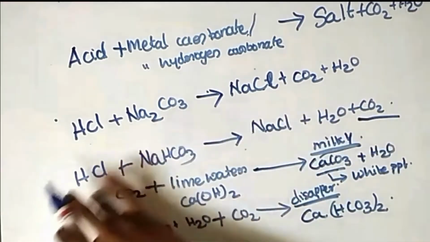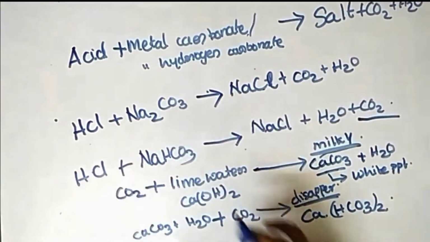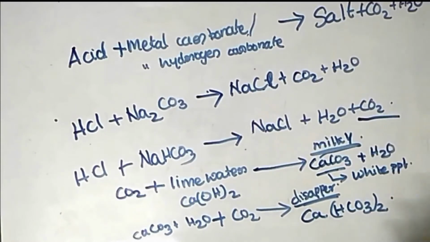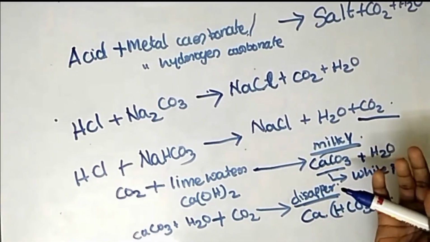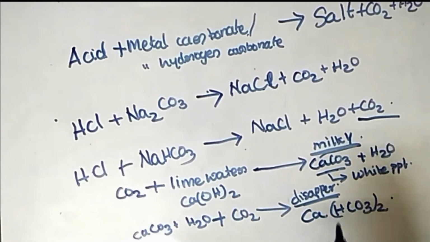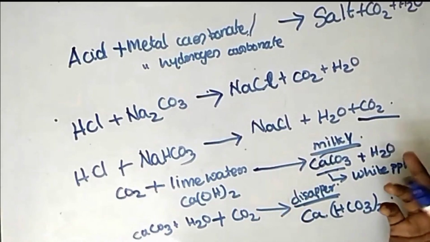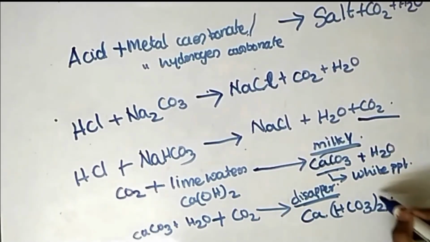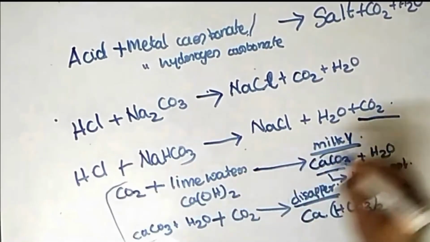So this is a very important question. The test for carbon dioxide is very important because during the exam they may ask: carbon dioxide is passed through lime water and it turns milky, and when excess carbon dioxide is passed, the milky color disappears. What's the reason? It is because of the formation of calcium hydrogen carbonate. So always remember this portion.